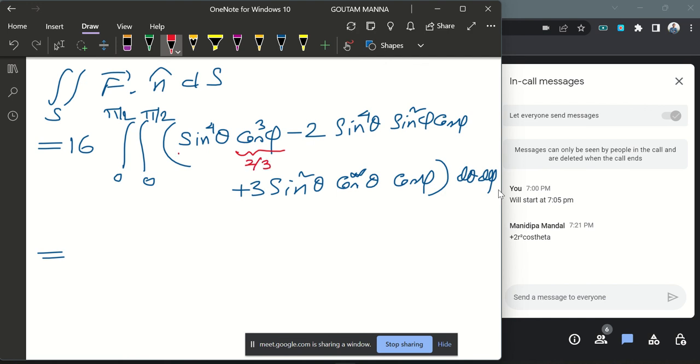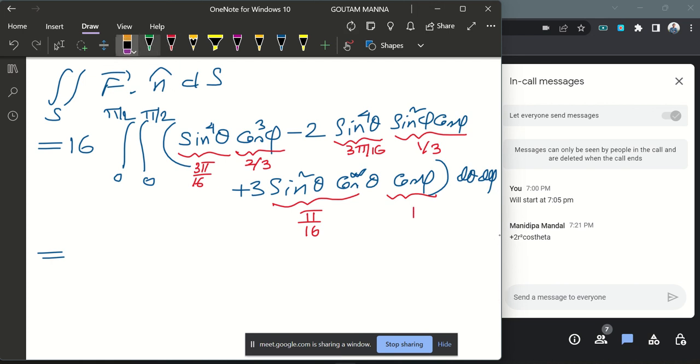If you do the sine integration, it will be 3 pi by 16, and if you do here this phi integration of this sine square phi cos phi, you will get 1 by 3, and if you do this theta integration here sine to the power 4 theta, then you will get 3 pi by 16, and here if you do this theta integration you will get pi by 16, and if you do this phi integration from 0 to pi by 2 you will get 1.